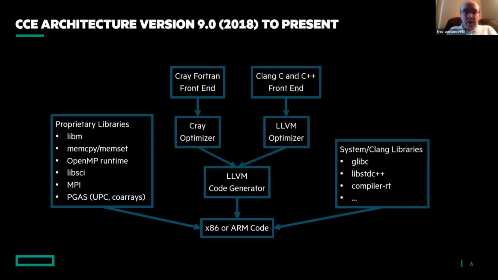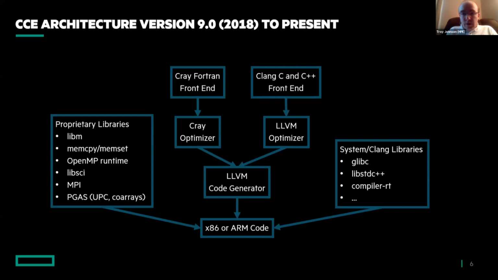And then coming up to present day, since 2018 or since version 9.0, we've changed out the older C and C++ front end for CLANG. And on the CLANG side of things, or on the C and C++ side of things, we then use the LLVM optimizer to optimize instead of our older proprietary Cray optimizer.